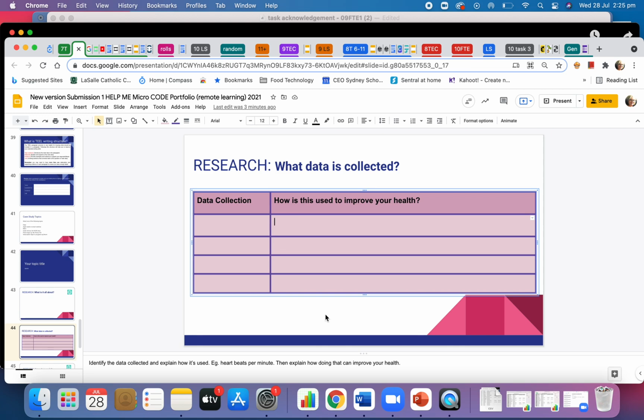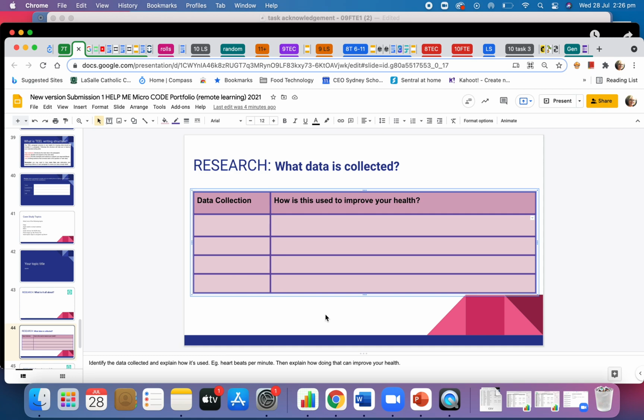So if you can collect the data for your heart rate, and your heart rate went below, say, 55 or 50 beats a minute and was heading down, you would know there was something wrong with you, that you would need to sit down and call someone for help. So how can it be used to improve your health? Well, it's stopping you having some major episode because you've stopped it before it starts. So that's the kind of information.